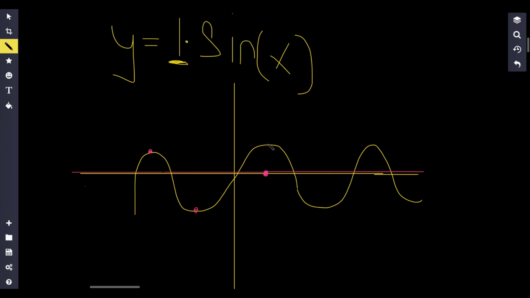So if my highest point is 1 and my lowest point is -1, then the line in the middle of 1 and -1 is going to be 0. This number represents the distance from our midline to our maximum point, or the distance from our midline to the minimum point. Notice how the distance from 0 to 1 is 1, and the distance from -1 to 0 is also 1.